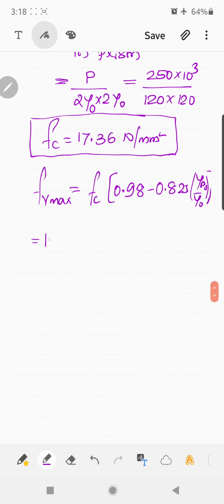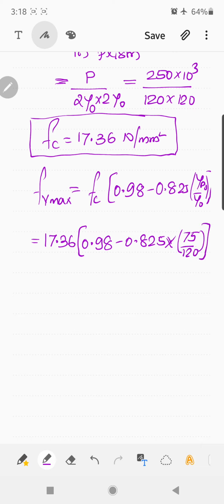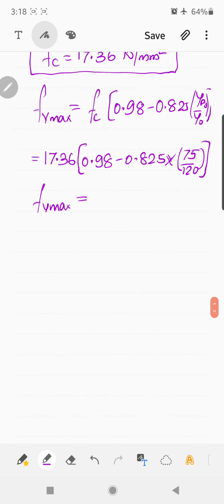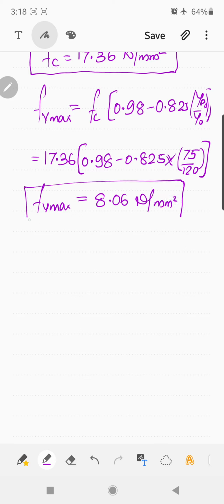The FC value is 17.36. yp naught is 75 by 2 and y naught is 120 by 2, so the 2 cancels. Now FV max is 8.06 Newton per mm square. So this is the value of FV max.